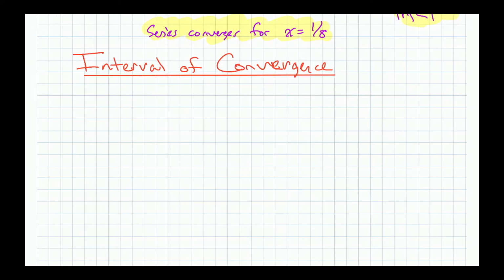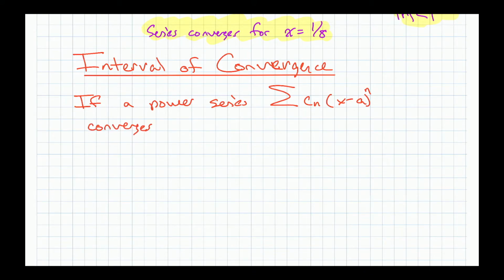So what we say is, if a power series, sum of Cn (x minus a) to the n, converges for all x in an interval, now I can't use a, because I already used a for something else, so I'm going to use c to d for my interval, and I'm going to put an asterisk on this.